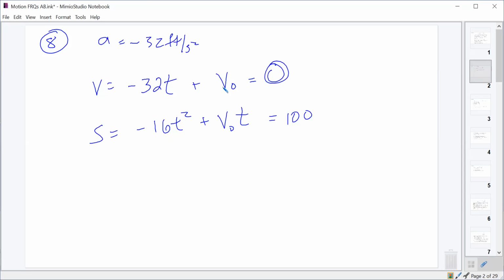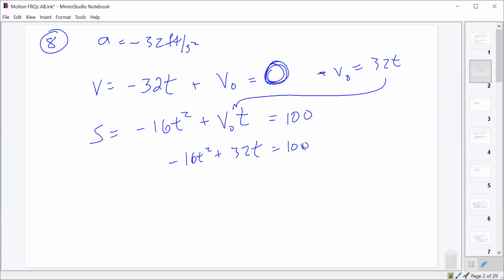It's probably easier to solve for v naught, which gives v naught equal to 32t. Plugging that in, we get negative 16t squared plus 32t squared equals 100.